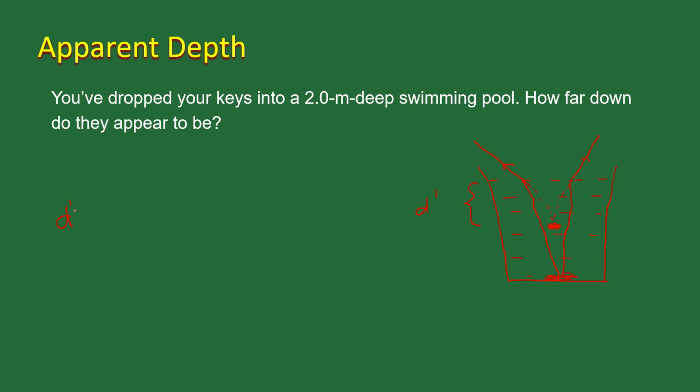So d prime is the actual depth times the refractive index in the second medium over the refractive index in the first medium. Again, first medium is the medium in which the rays are originated, so this is the first medium, and second medium is the medium where the rays are refracted. So that's n2. So d is 2 meter actual depth, and n2 is the refractive index of air, which is 1, and n1, the refractive index of water, is not given here, but you can look the value up in your book.